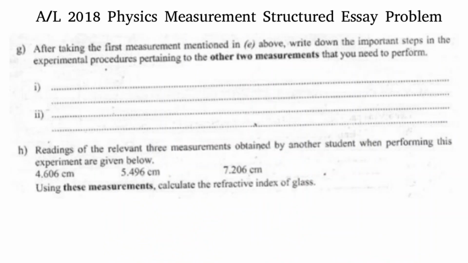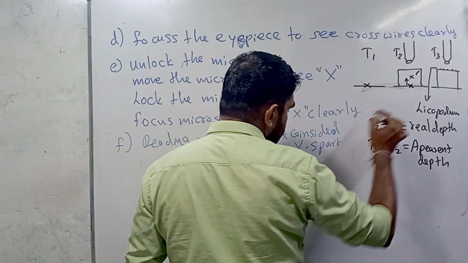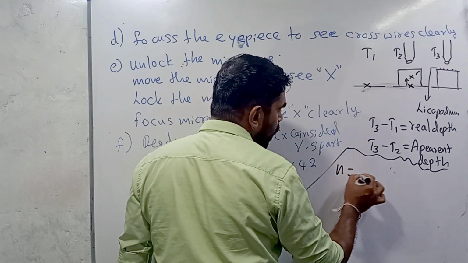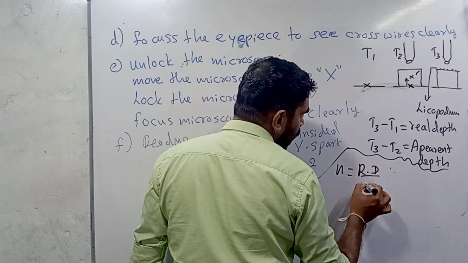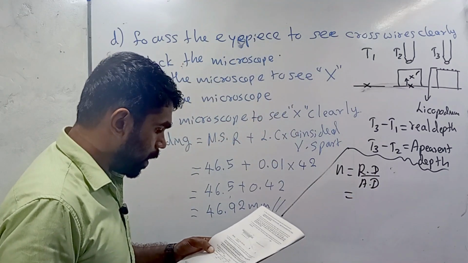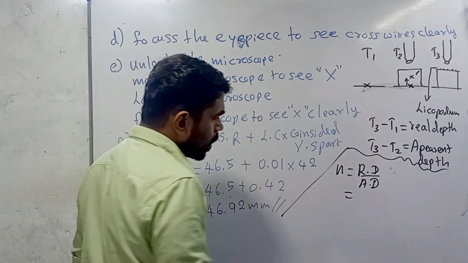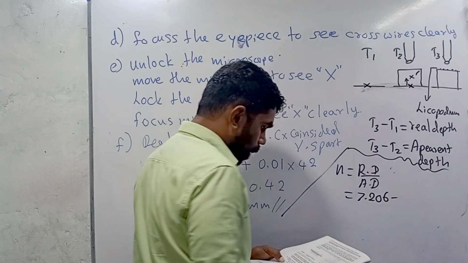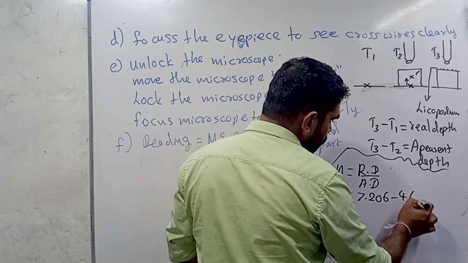Part H. Readings of the relevant three measurements obtained by another student when performing this experiment are given. Using the measurements, calculate the refractive index of the glass. Refractive index is real depth divided by apparent depth. We can obtain the real depth: T3 minus T1, 7.206 centimeters minus 4.606.